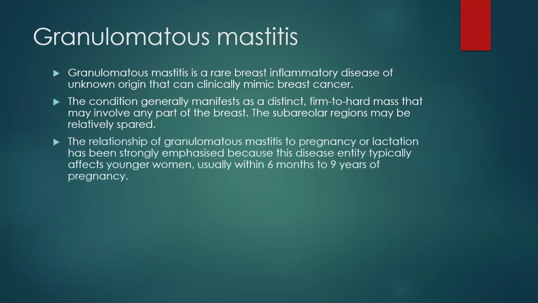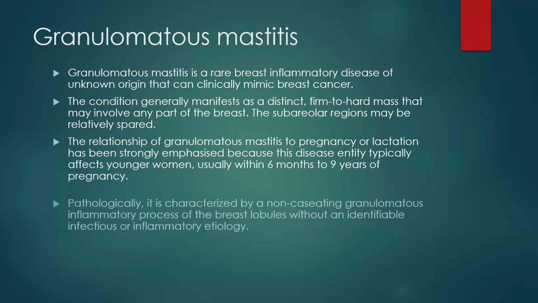The relationship of granulomatous mastitis to pregnancy or lactation has been strongly emphasized because this disease entity typically affects younger women, usually within 6 months to 9 years of pregnancy. It can happen anywhere between these times.